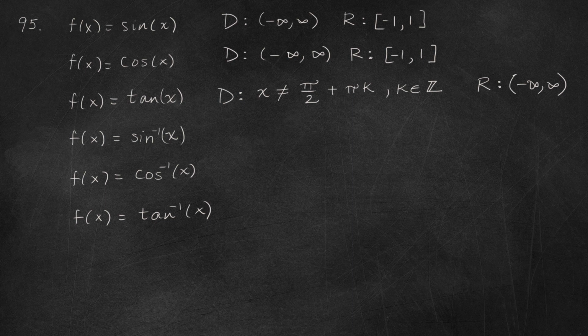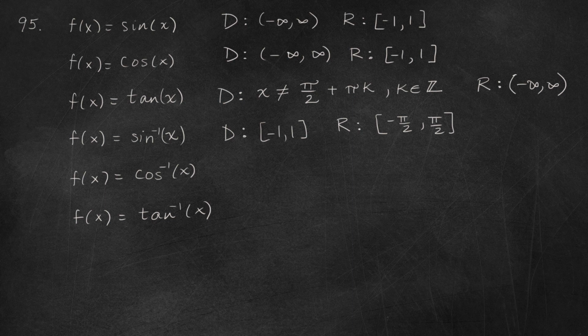F of x equals sine inverse. Now the inverse function normally would just interchange the domain and range. However, we need to restrict the domain of the sine function in order for its inverse to be a function. So the domain for sine inverse is negative 1 to 1, but the range, as we saw earlier, is limited to the interval from negative pi over 2 to positive pi over 2.